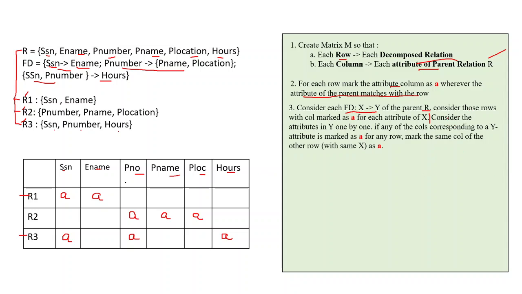Next it says, consider the attributes in Y one by one. Y contains only one attribute in this functional dependency, that is ename.